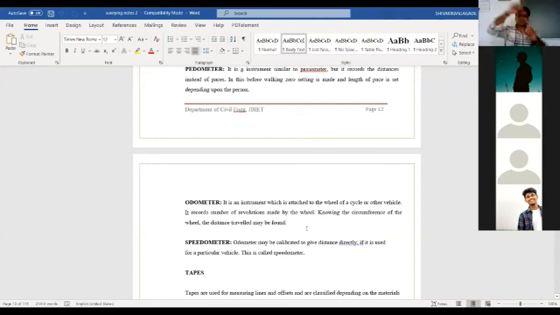If you know the circumference of the wheel, the number of rotations into that circumference gives the total distance. So that is the odometer. The speedometer is the same as the odometer, but it also gives the distance directly. Is that clear? And it is mainly used in vehicles.